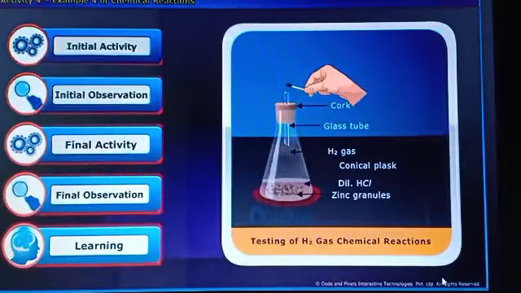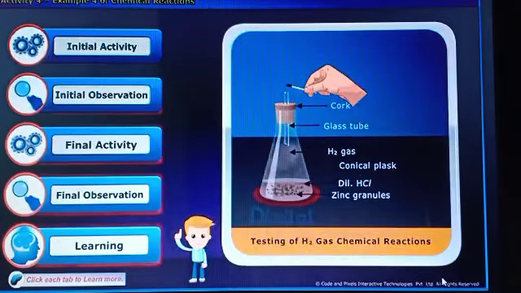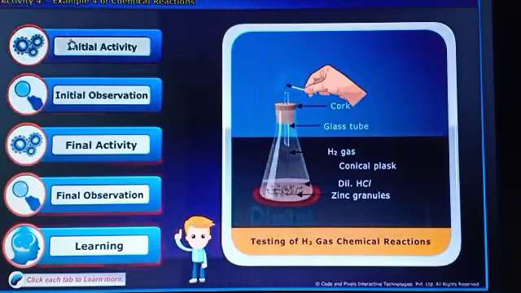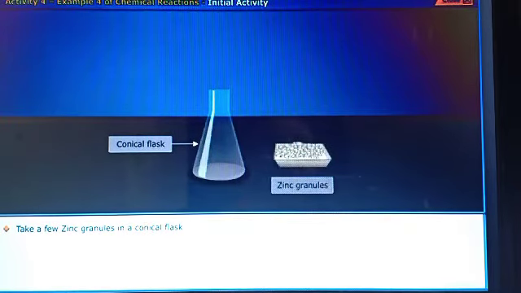Now let's see the fourth activity, that is testing of hydrogen gas by a chemical reaction. Let's start the activity. Take a few zinc granules in a conical flask. Then close the conical flask.